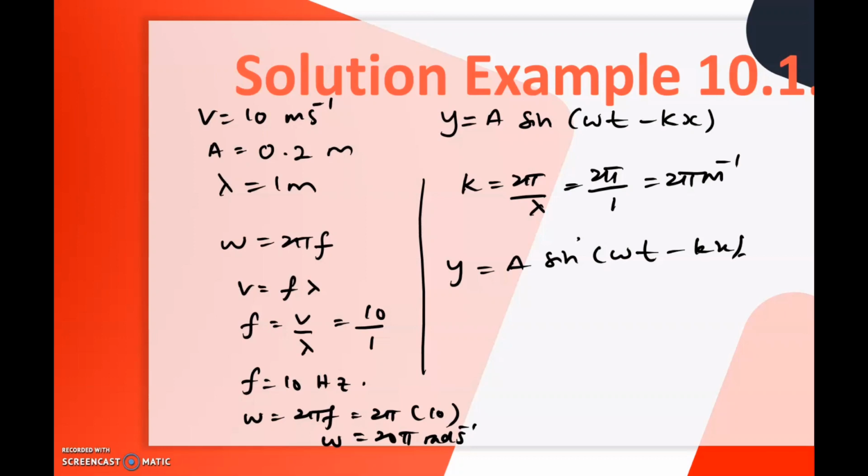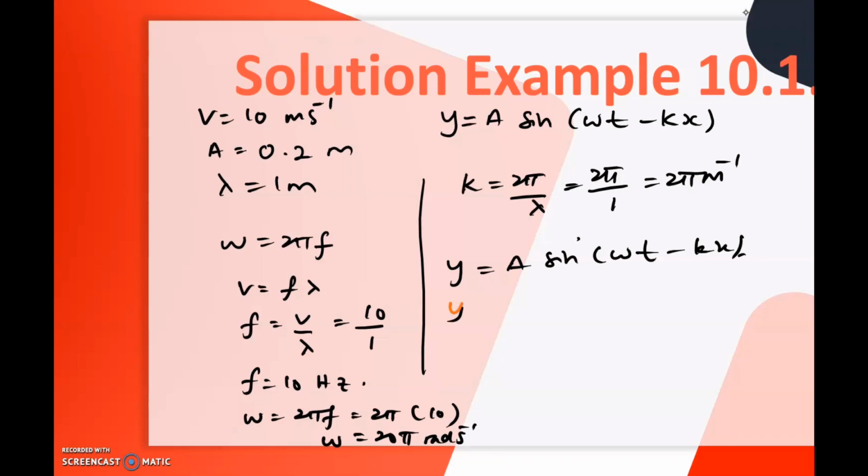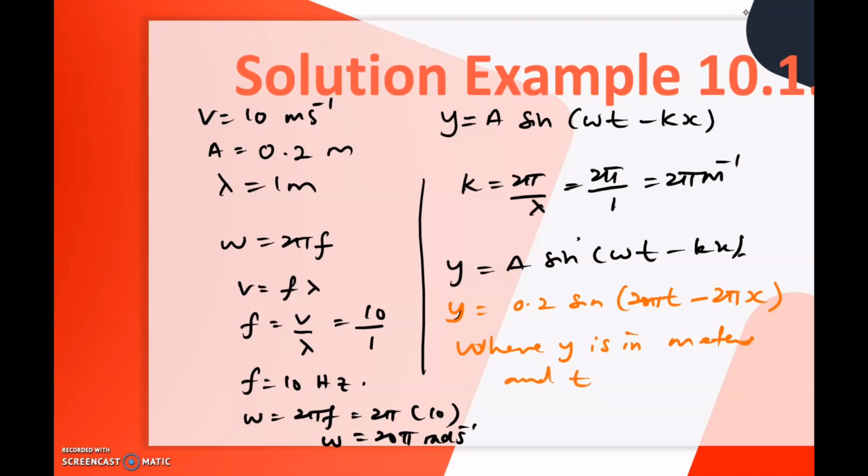So we have y equal to a, which is 0.2, sin(20 pi t - 2 pi x), where y is in meters and t is in seconds.